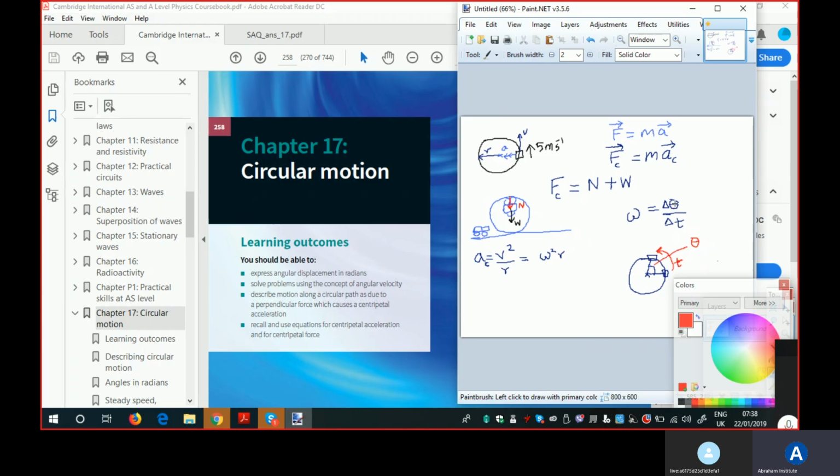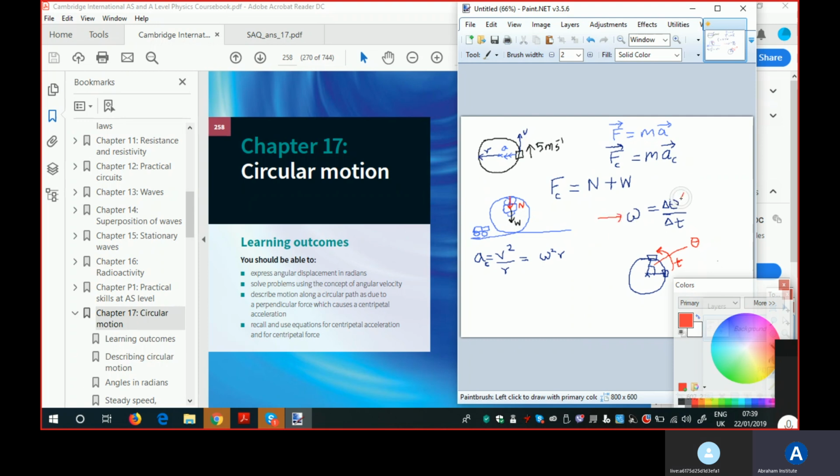The angle here is in radians. The change in the angle in radians divided by the time it took for the angle to be covered is omega. Sorry, omega is the angular speed, not the angular displacement.